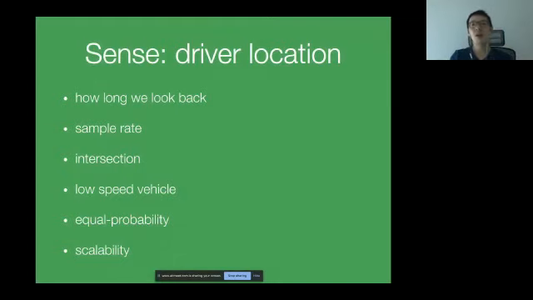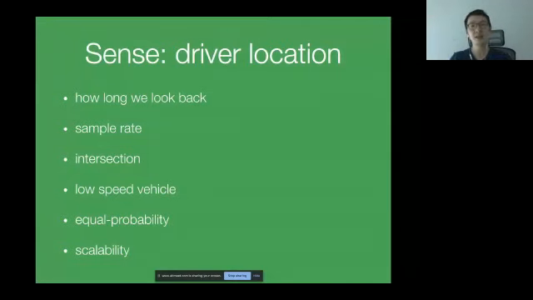For example, we need to match a sequence of driver trajectory onto the road network. The first problem is how long we look back, right? Should we look back 1 minute of driver trajectory? Should we look back 10 minutes? The second thing is the sample rate, right? How often do we ask our driver's phone to send where they are to us?